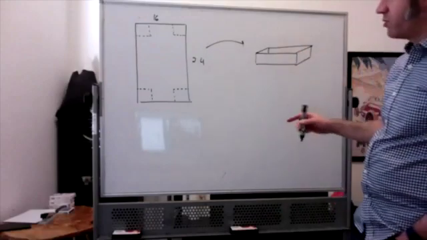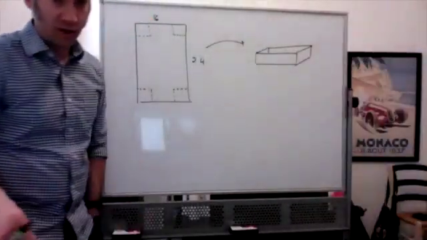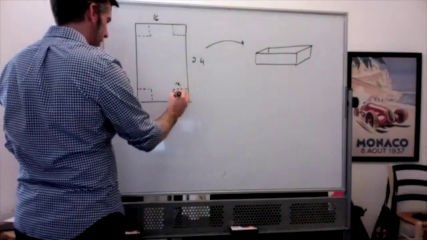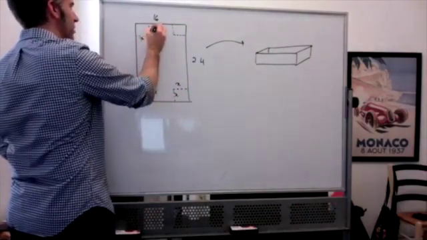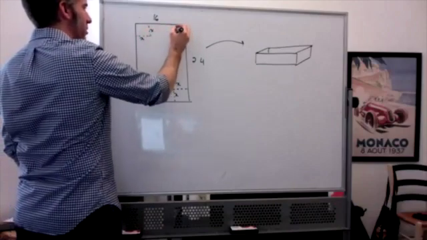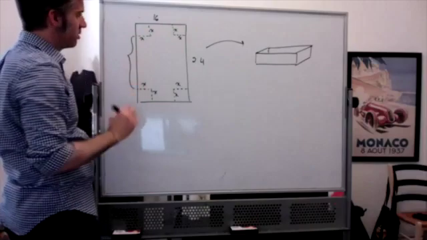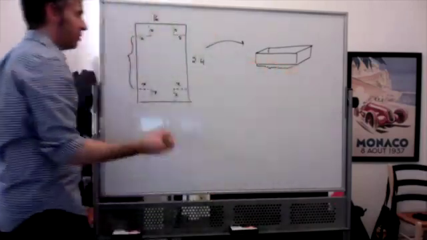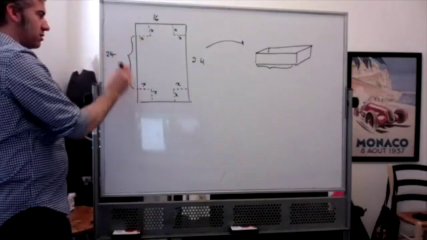And we don't know how big these squares are. So we're going to label them with whatever variable you want. I'm going to call it x. That's x, right? We could label them all, seems kind of unnecessary. But what is important to know is that this length here is going to be 24 minus 2 x's.